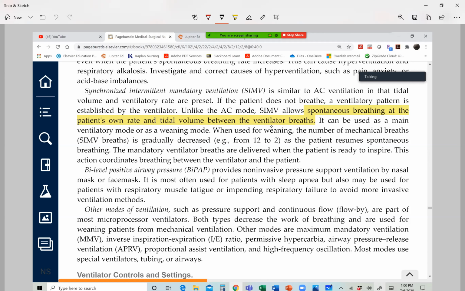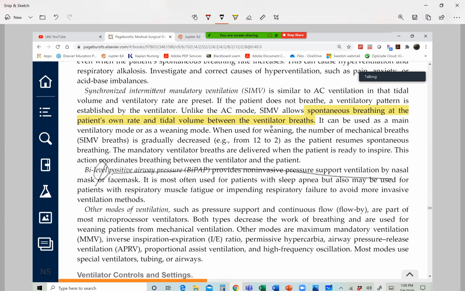So SIMV: preset rate, preset tidal volume. Let's say we have a tidal volume of 400 and a rate of 12, so every 5 seconds the patient gets a breath. If the patient takes a spontaneous breath, it'll go negative. Unlike assist control, wherein the patient receives the preset tidal volume, this time the vent allows the patient to determine how much tidal volume they want.